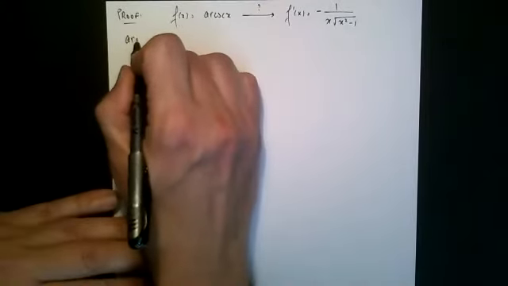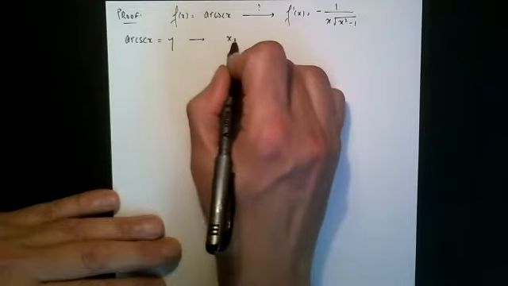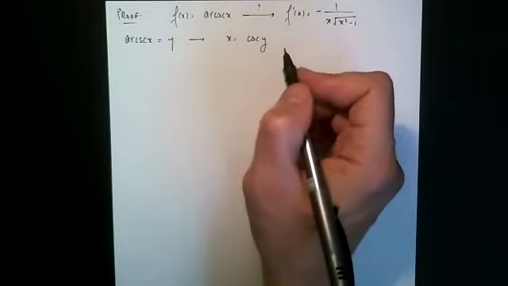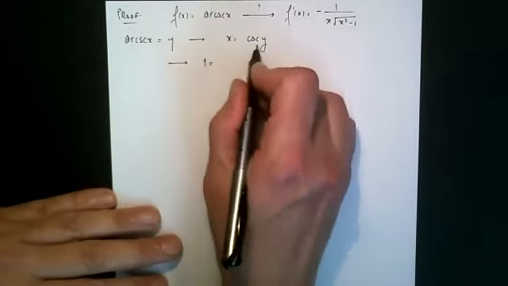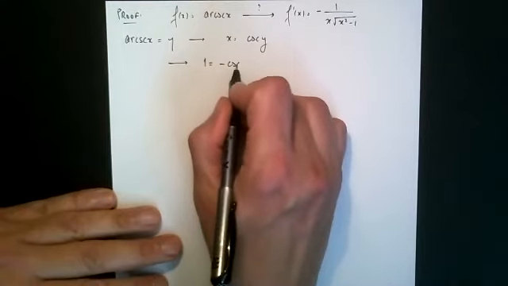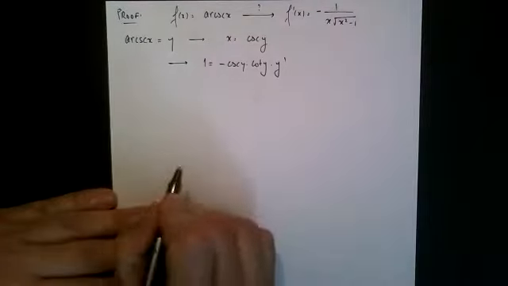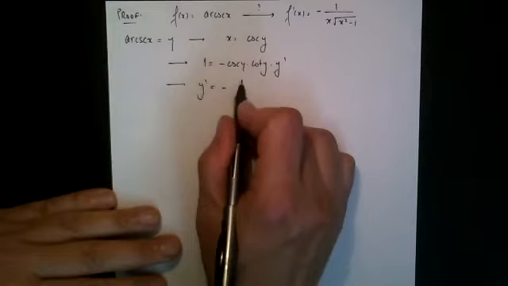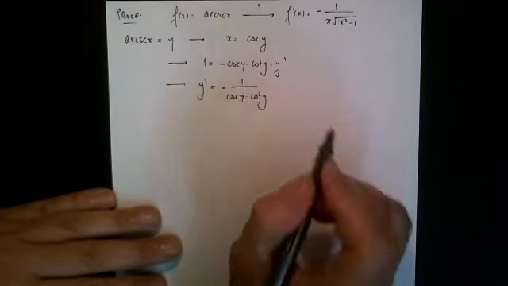Okay, so again, arc cosecant of x equals y implies that x is the cosecant of y. Let's derive both sides. So 1 equals the derivative of cosecant, which is negative cosecant cotangent times y prime. And so y prime is negative 1 over cosecant y times cotangent y.